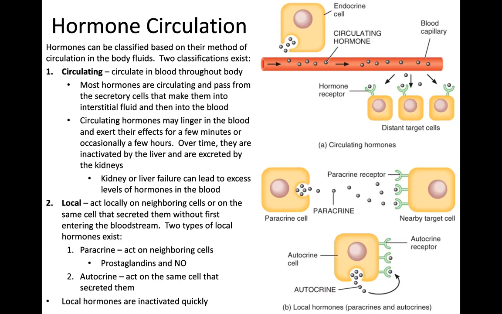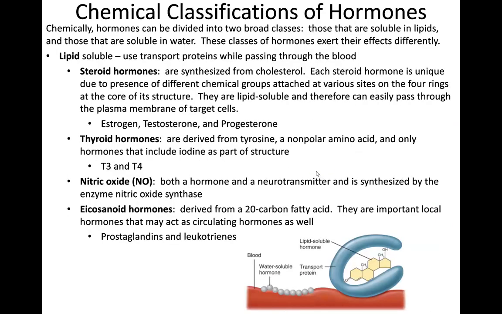No matter what, if it's paracrine or autocrine, local hormones are inactivated quickly, so they don't produce really drastic responses. They're important in their own right, but we'll spend the majority of our time in this lecture talking about circulating hormones. So that's how we can classify hormones based on circulation.